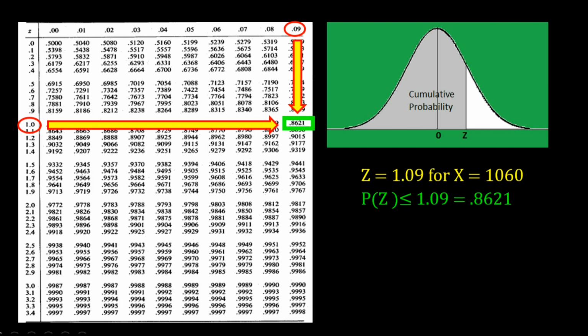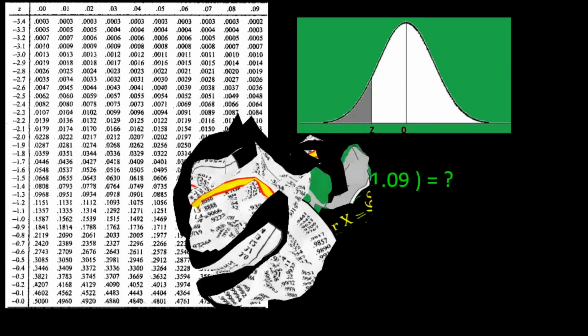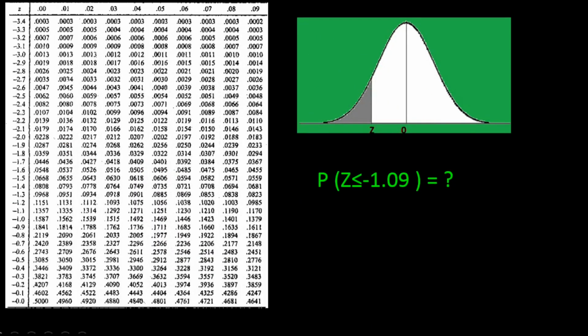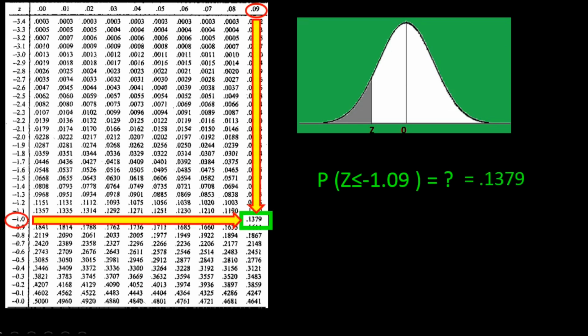Then using the negative table, we look up the area below negative 1.09, and we get 0.1379. Now subtracting 0.1379 from 0.8621, we get the area between negative 1.09 and 1.09, and that is 0.7242.